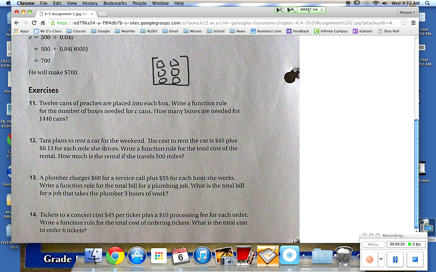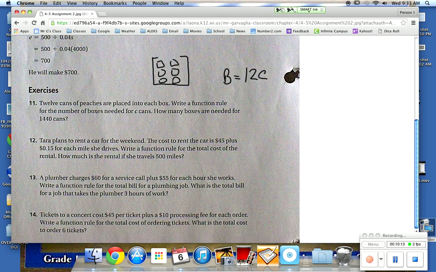Box B equals C divided by 12? Yeah. 1 box equals how many cans?